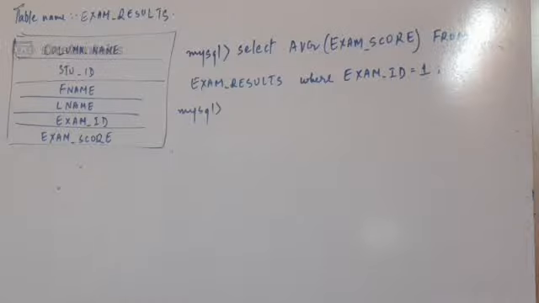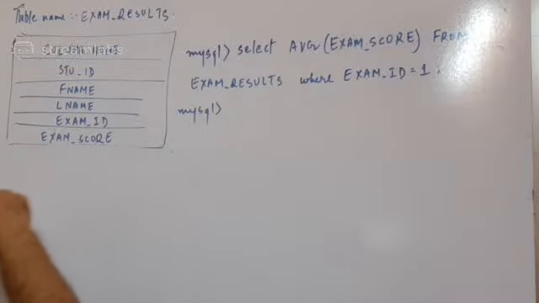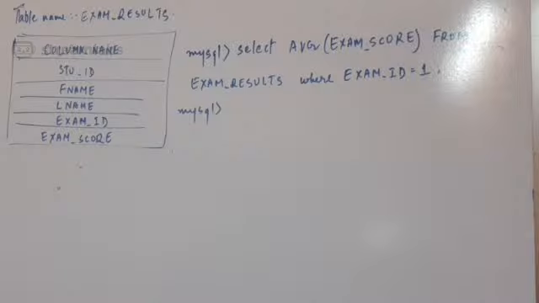Now let us try one more SQL query. You need to find out how many students took each exam. If they had appeared for a certain exam, their exam_score would be filled up. So you need to find out the exact number of students, and for every particular student an exam ID would have been generated.